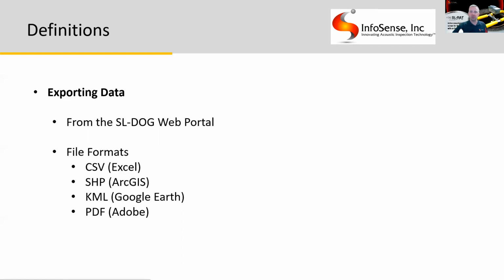The SHP or shapefile is the common file format to import the measurement scores into your GIS system. A KML file is the Google Earth file format for viewing measurements to get a quick snapshot of the health of your sewer system. And the last format is a PDF, that is a document format mainly used to print and hand a paper copy to someone for viewing.